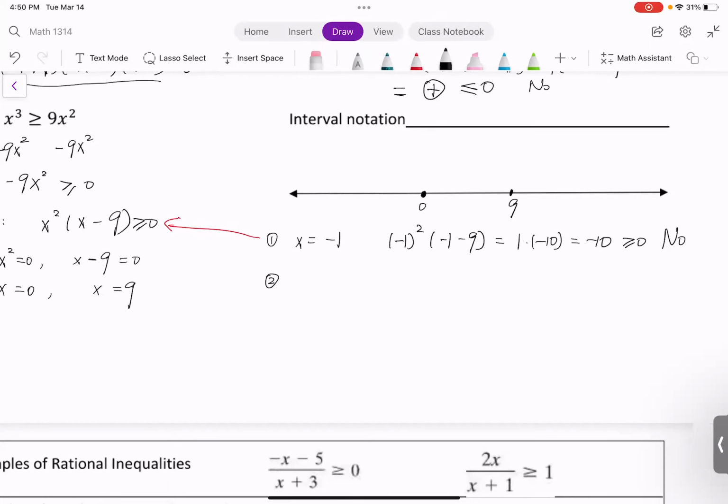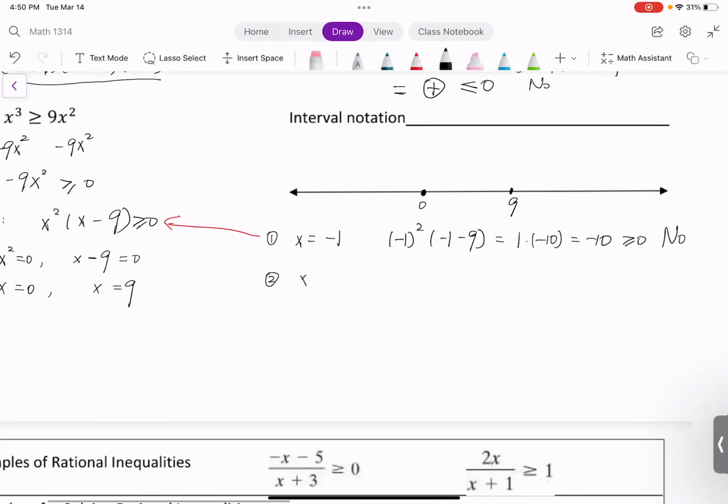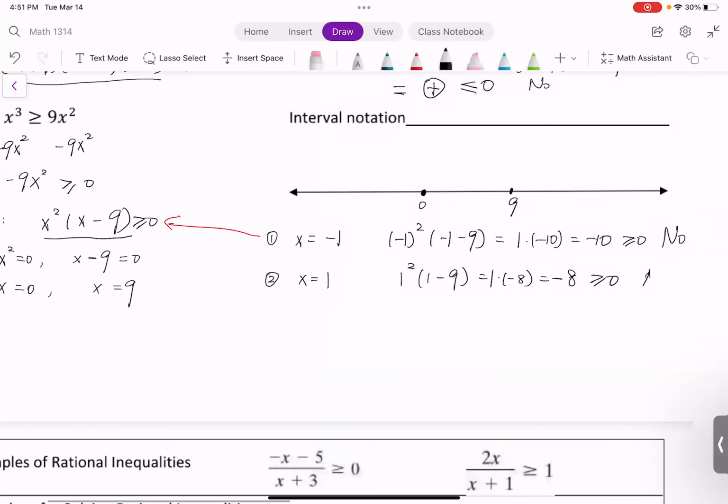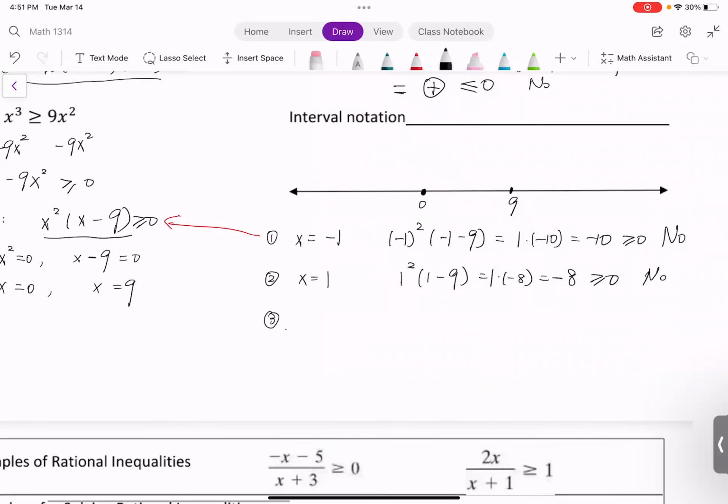Second, let's pick some point between 0 and 9. x equals, maybe 1. 1 squared times 1 minus 9 is 1 times -8, which is -8. Is it greater than or equal to 0? No, false. Number 3.